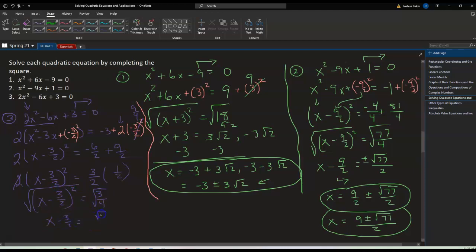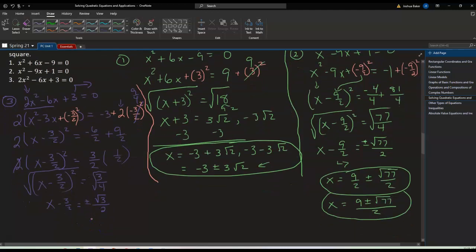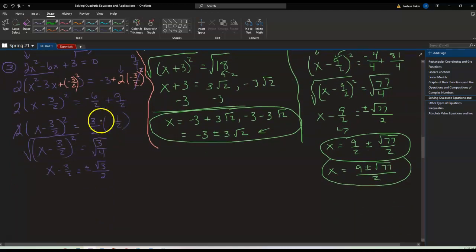The square root of 3 is something I can't simplify. The square root of 4 is a 2. And remember, I've got to have both the positive and the negative versions. Now, if I want to add this 3 over 2 across, my answer could look like this. 3 over 2 plus and minus the square root of 3 over 2.